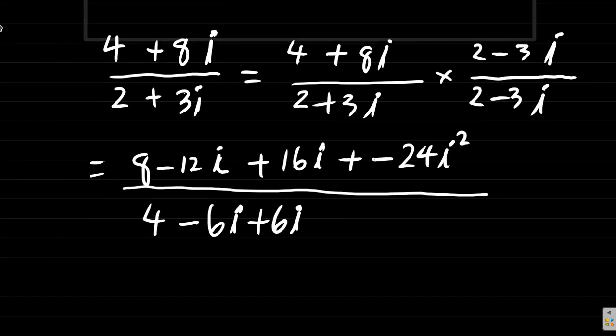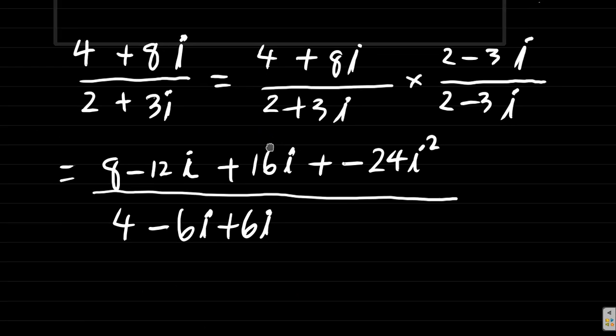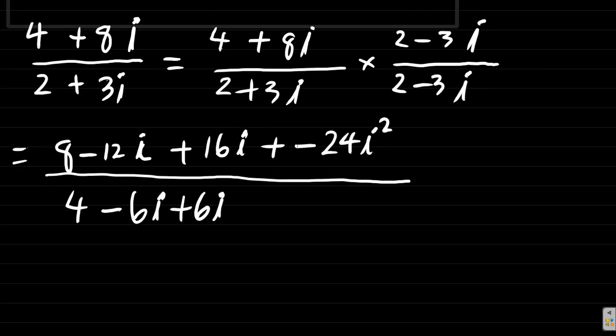So we continue here. 2 times 2 is 4. 2 times positive 3i, right? Oh, my. I got the wrong thing there. It's 2 times 2 is 4. And 2 times negative 3i, negative 6i.